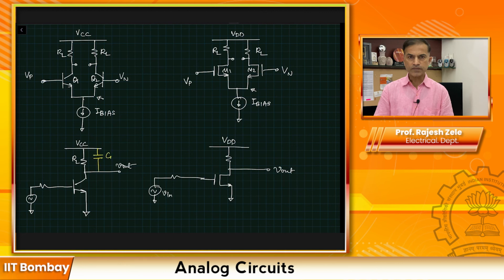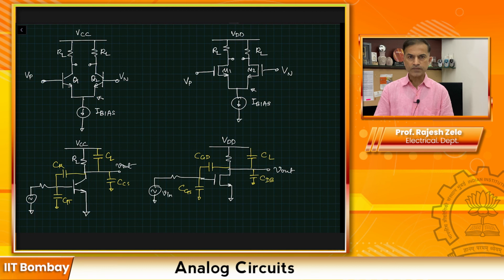It's going to look like this: CL, C mu and C pi. For the MOSFET case, it will be CGD, CGS, CDB and CL.